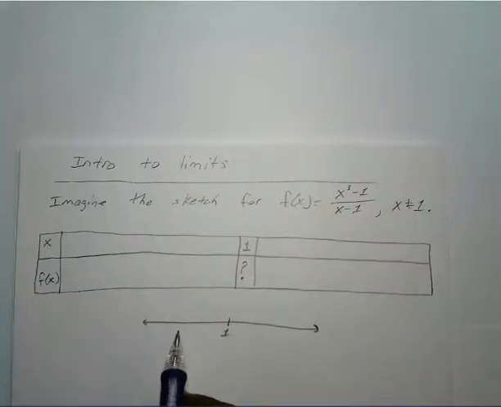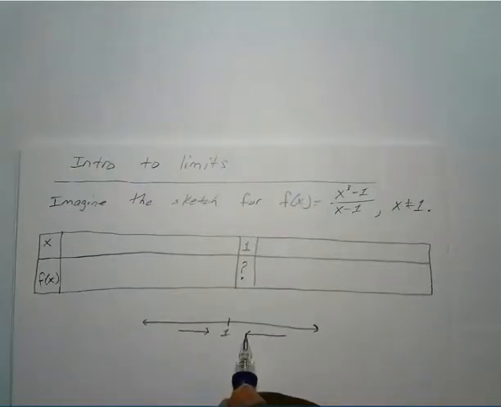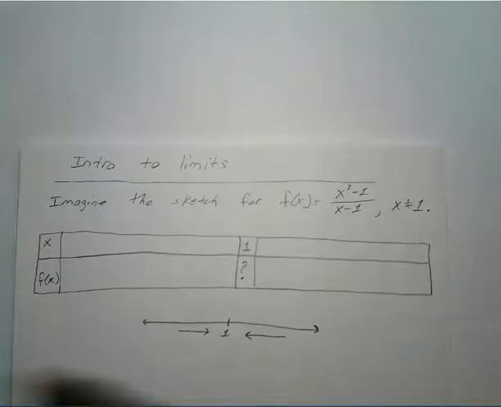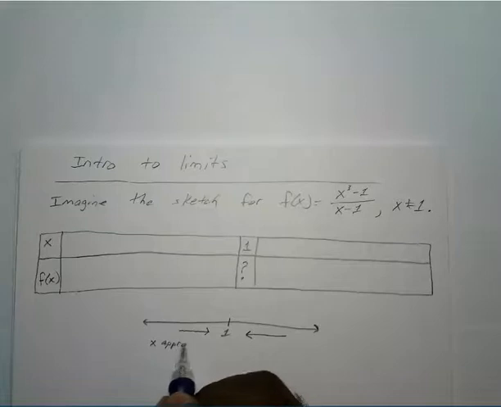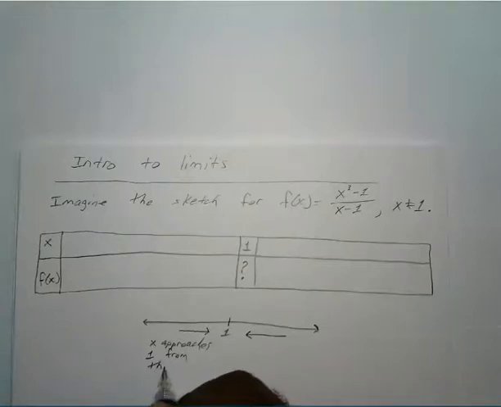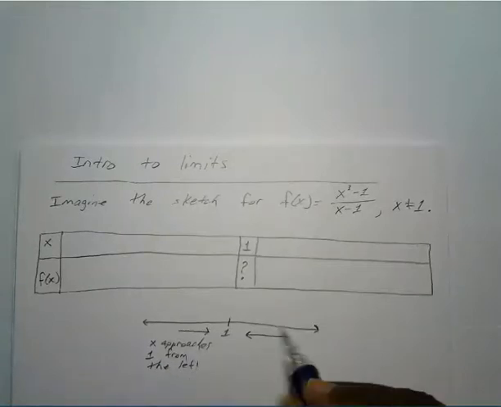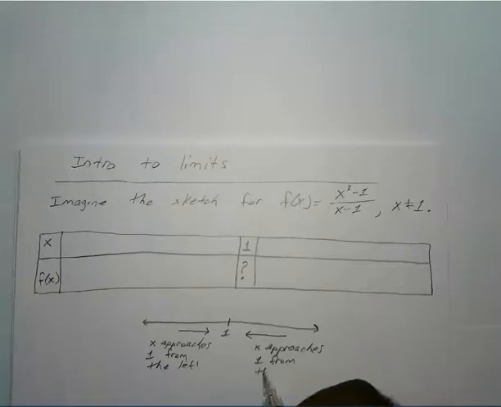This is just to give you a visualization. We're going to get really close to 1 from the left side and really close to 1 on the right. So this is x approaches 1 from the left, and this is x approaches 1 from the right.